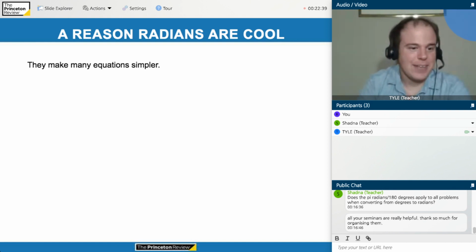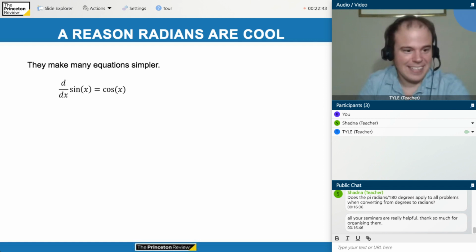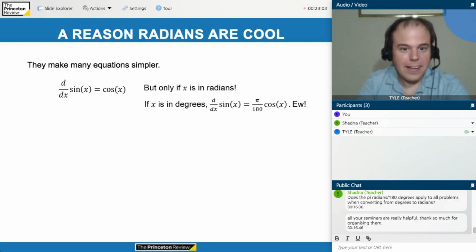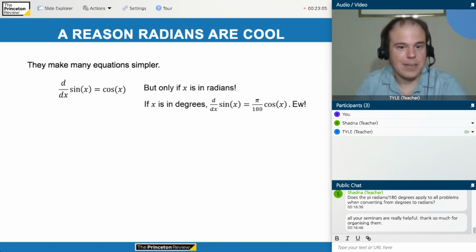So here's a quick reason that radians are kind of cool. They make equations simpler. Don't worry if you haven't seen calculus yet. This is just an example of a common equation that you may learn in either your pre-calculus or calculus class. It says that the derivative of sine of x equals cosine of x. So that's nice, a pretty simple equation. But this equation is only true if x is in radians.